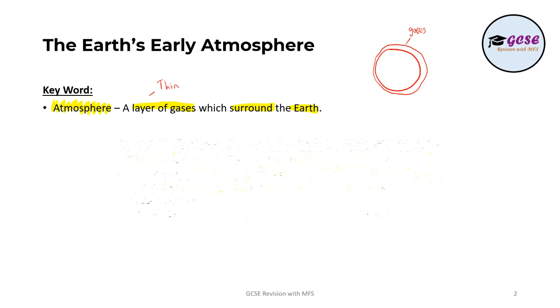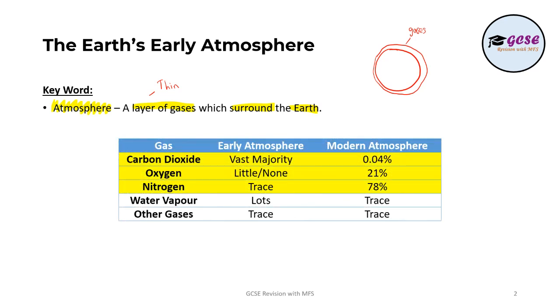Now here you need to know what percentage of each gas is contained within the atmosphere. The atmosphere has many gases within it, but these are the ones you need to know for the Earth, and these are the ones mentioned in the specification.